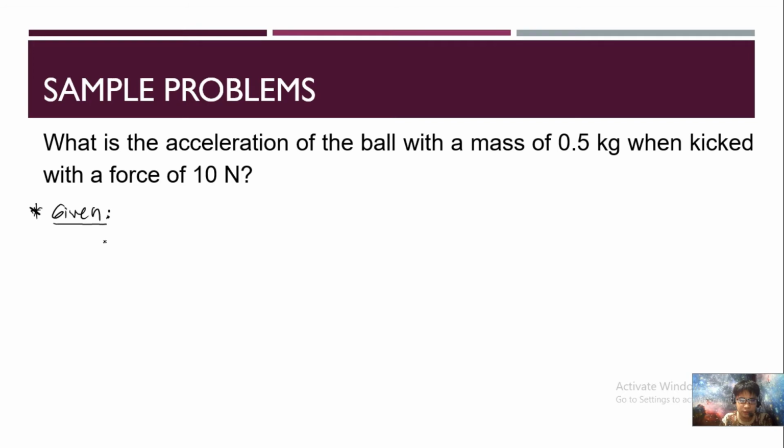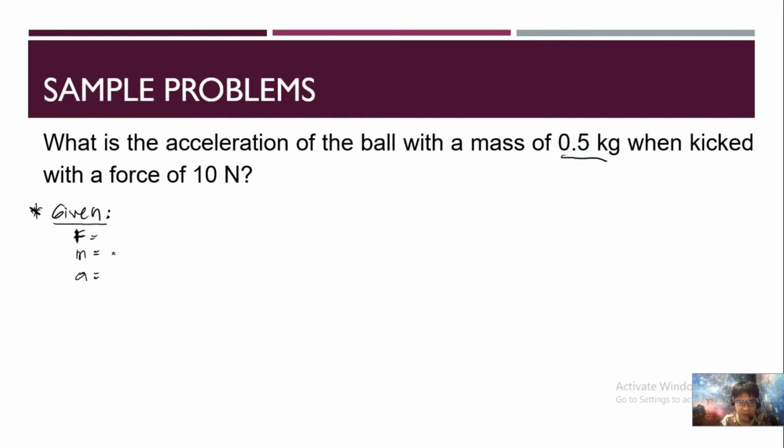You write down force, mass, and acceleration. Based on the problem, what is the value of mass? Letter M. You are correct, we have 0.5 kilogram.